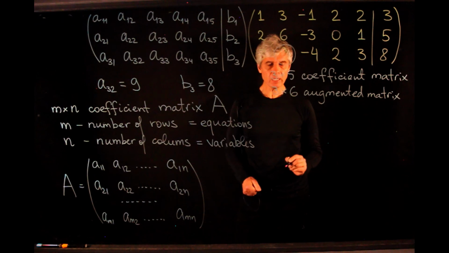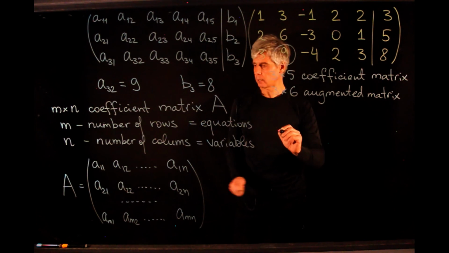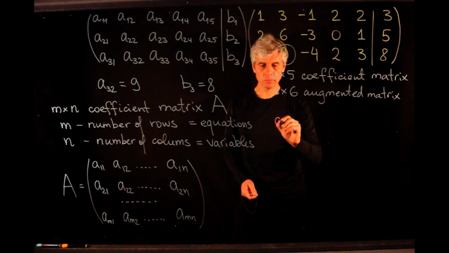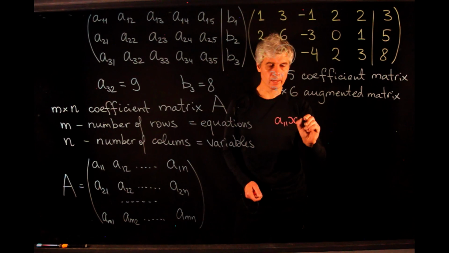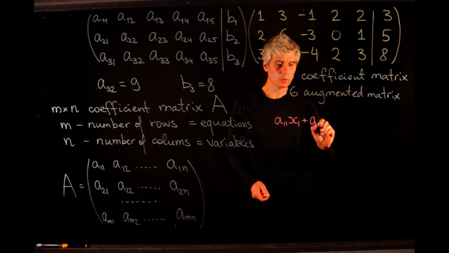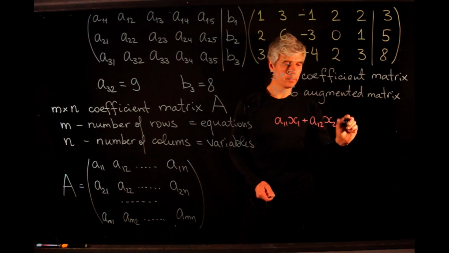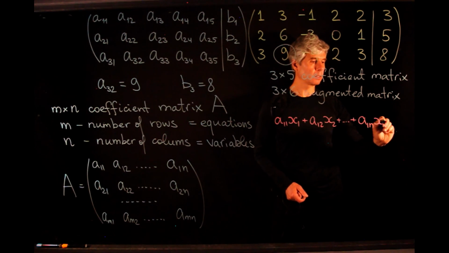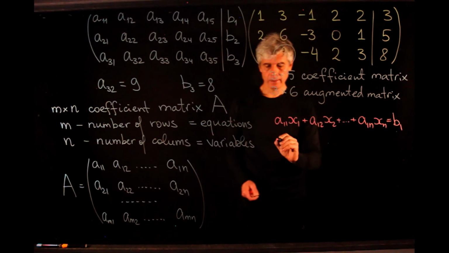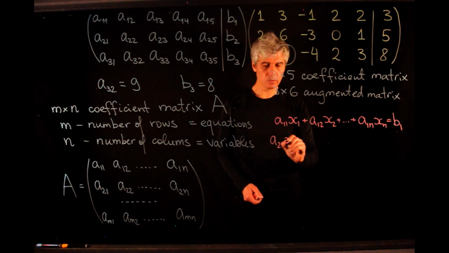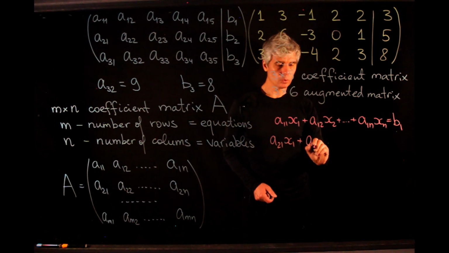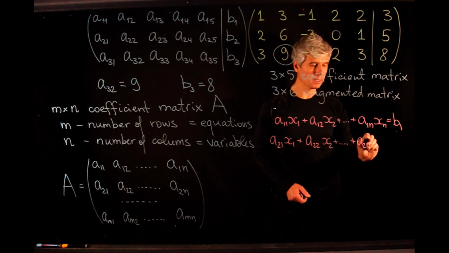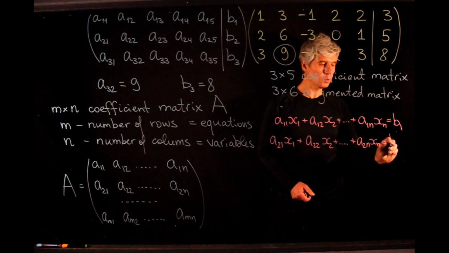Given this coefficient matrix, the general system of linear equations that corresponds to this matrix will be written as follows. A11x1 plus A12x2 plus up to A1n xn is equal to b1, A21x1 plus A22x2 plus up to A2n xn is equal to b2.